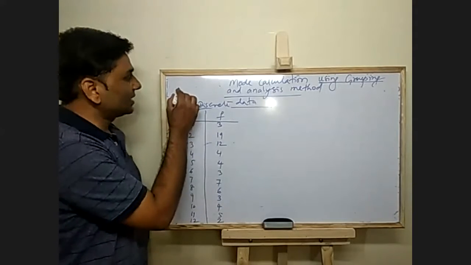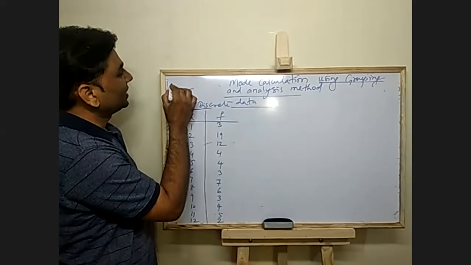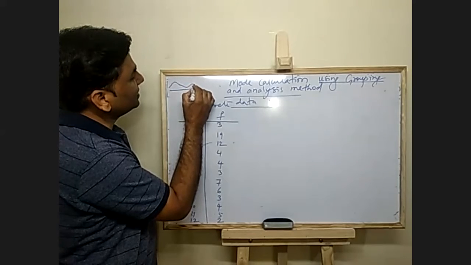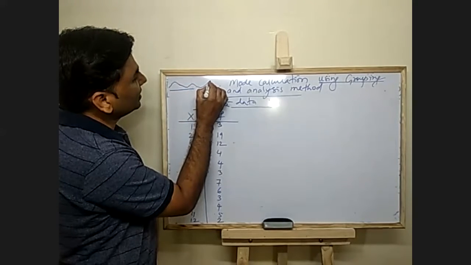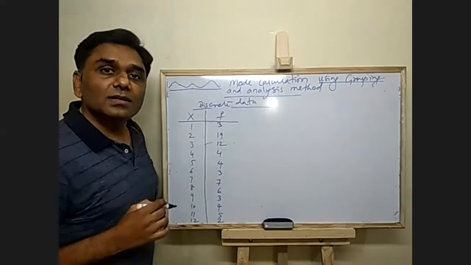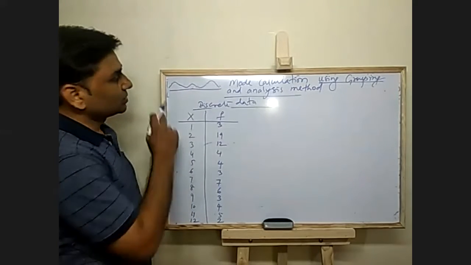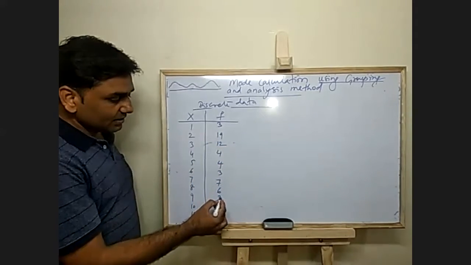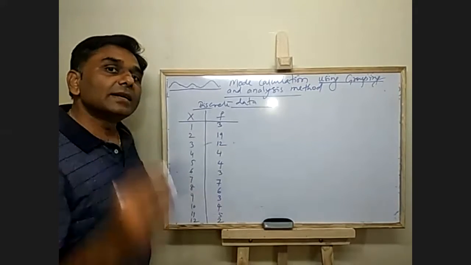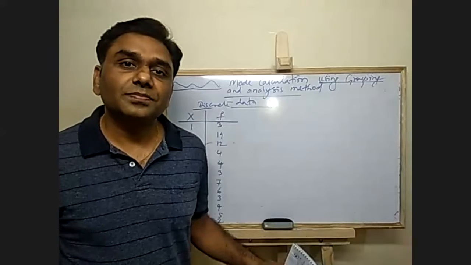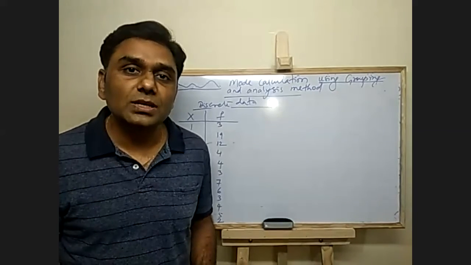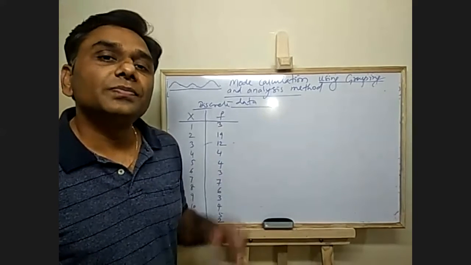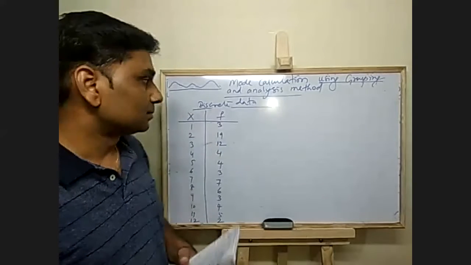So the data increases, decreases, decreases, decreases, decreases, again increases, again decreases, decreases, increases, increases, and decreases. Now it is irregular. The pattern of the frequency distribution here is irregular. Now how to calculate? Using the grouping method.